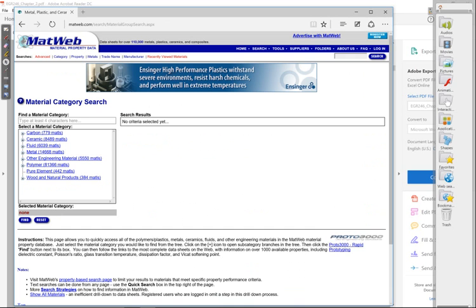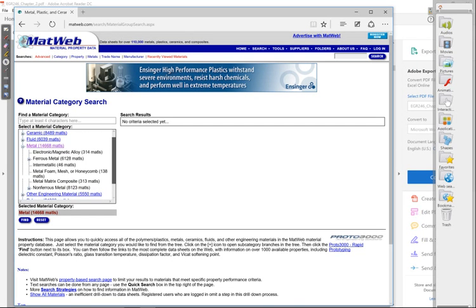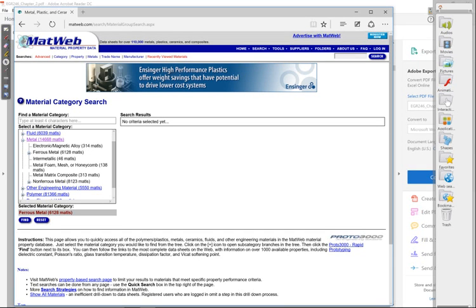What we want are metals, because metals are the most common engineering materials. All right, so what do we want? We want ferrous metals, let's say.